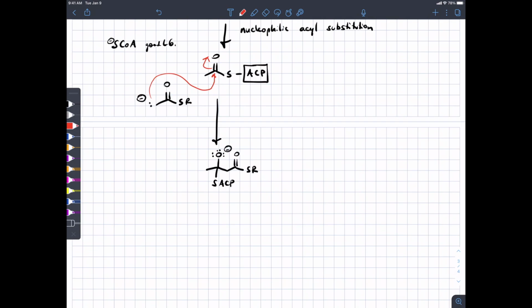And then electrons would kick down and kick off the leaving group, which is the negatively charged thiolate. And that would give you, as a product, this new beta-keto thioester.